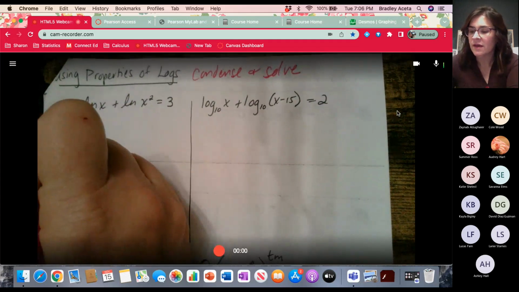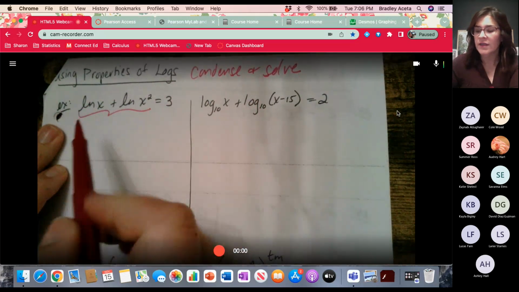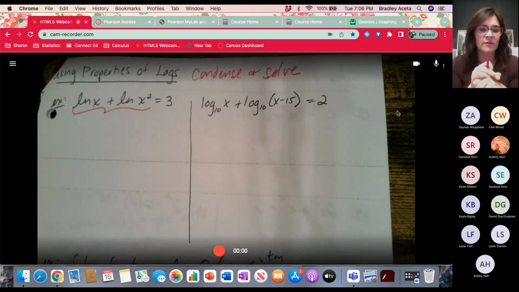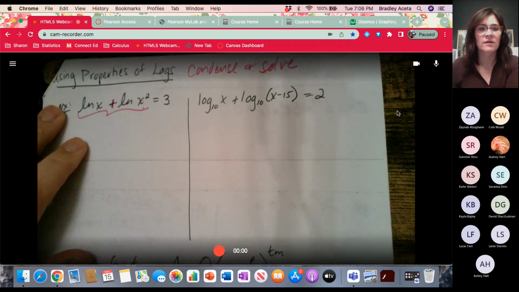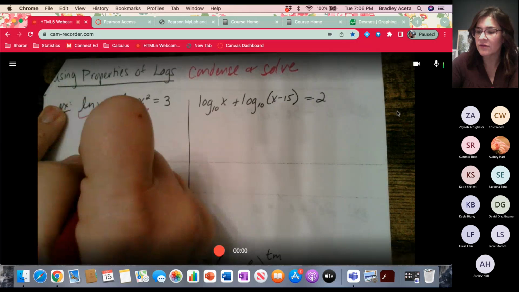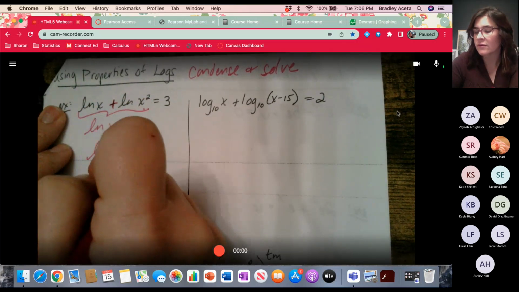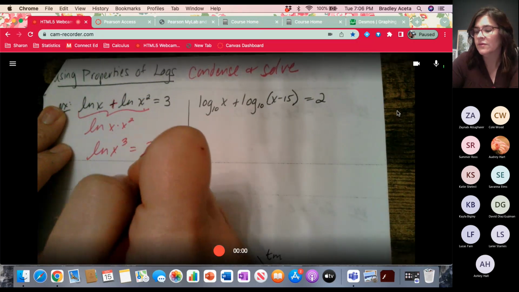So on this side, I want to condense this to be one log. So how do I do that? Well, if I'm adding, I really just multiply these two and condense it. So it'd be ln of x times x squared, or x to the third, equals 3.